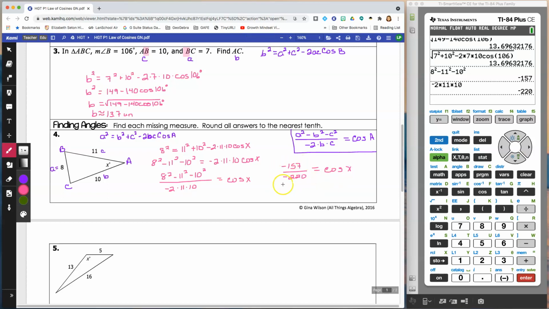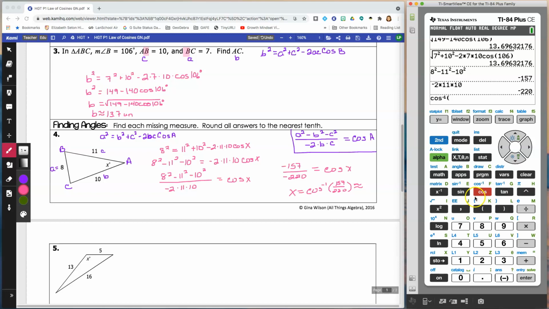Now, if this is equal to the cosine of x, then x is equal to the inverse cosine of 157 divided by 220, and hopefully you guys notice I dropped the negatives because both the numerator and denominator have a negative. Negative divided by a negative is positive. And so now I can type this into my calculator. To find the angle measure, remember you have to use the inverse.